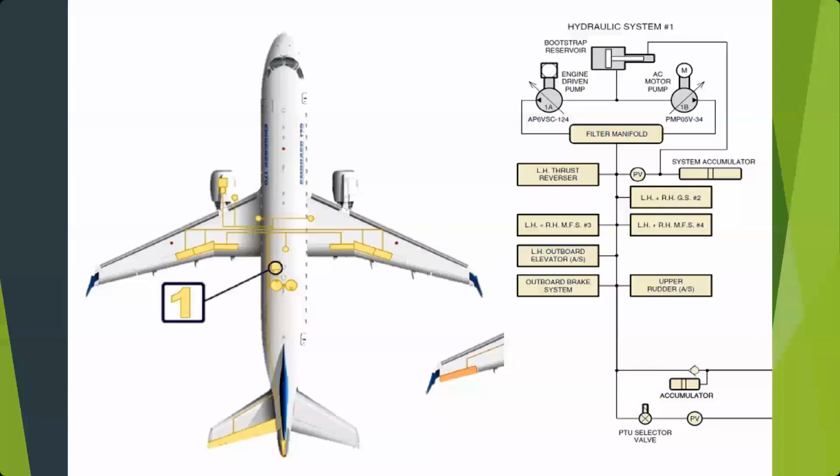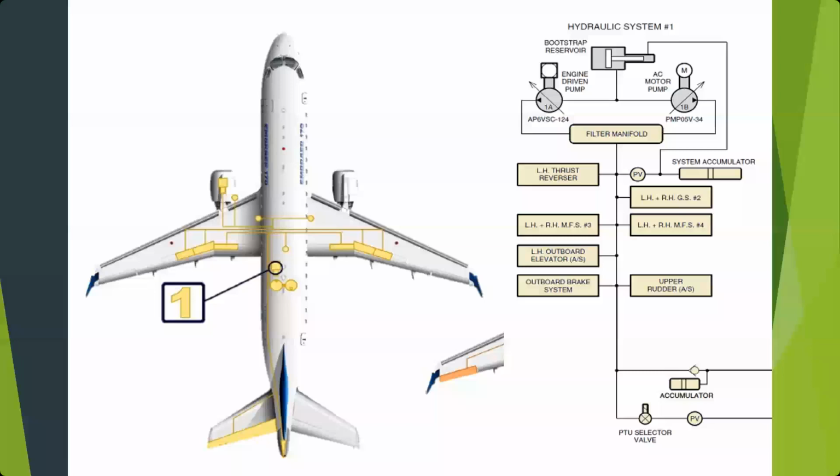So if we look at those systems a little bit more in depth, I mentioned earlier, you're going to have an energy source, whether it's the electric motor, engine accessory gearbox, a wind turbine, or even a manual pump, like on our 727, the emergency gear extension, as well as the retraction of the air stairs. You have the ability to manually pump it. Those different energy sources are going to power a pump, and then the pump's going to get fluid from a reservoir to send out through conveyance lines, and then goes to our various users.